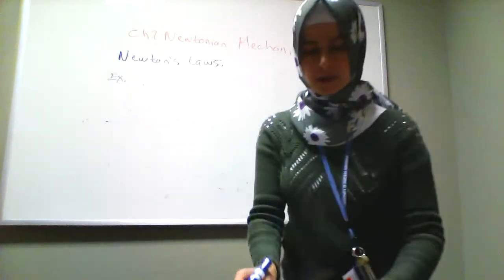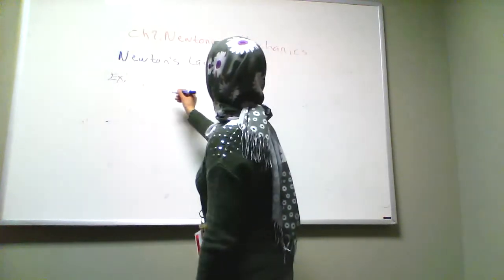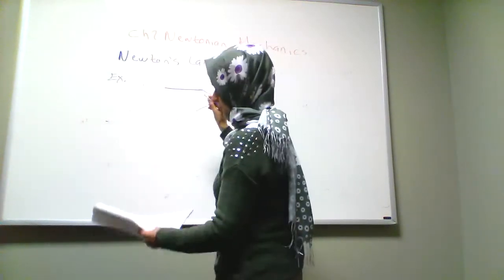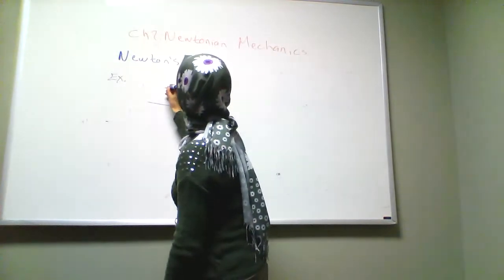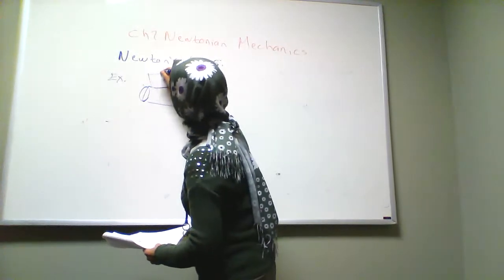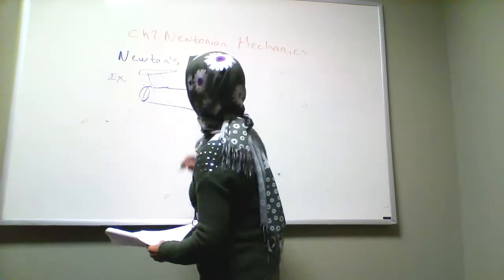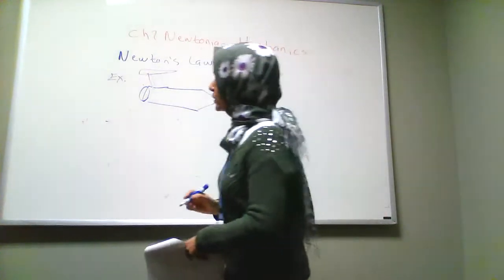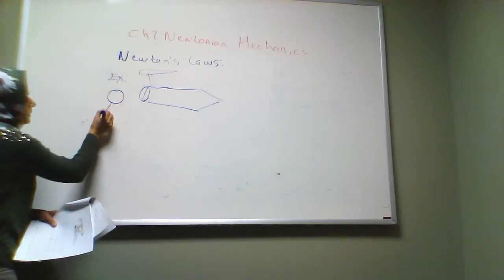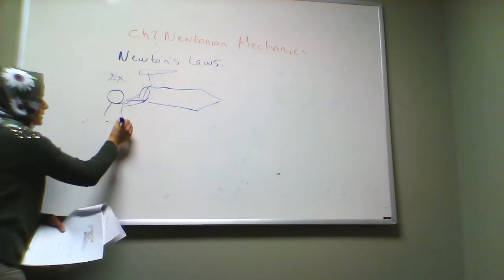So we have a diagram in here. We have a spaceship. I hope I can draw this well. A kind of spaceship I'm drawing here. And we have an astronaut pushing the spaceship, with his hand pushing the spaceship.